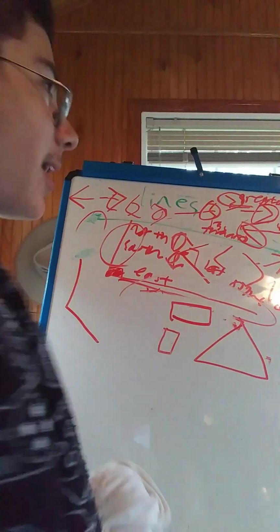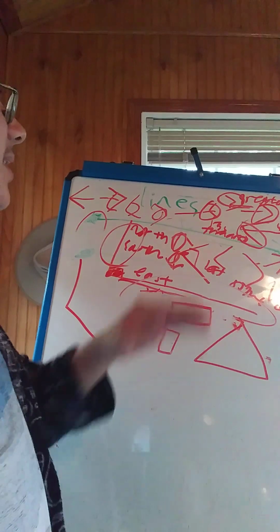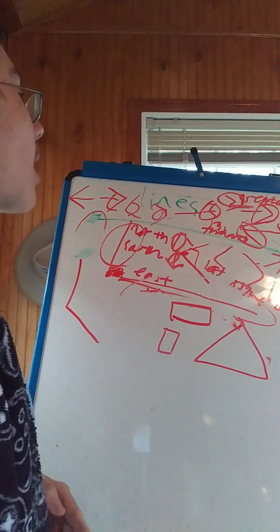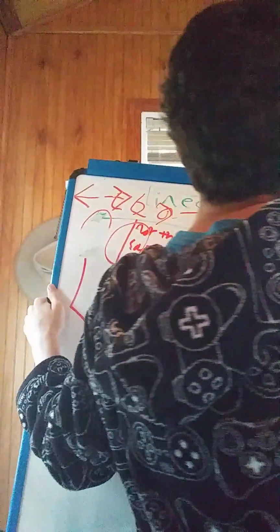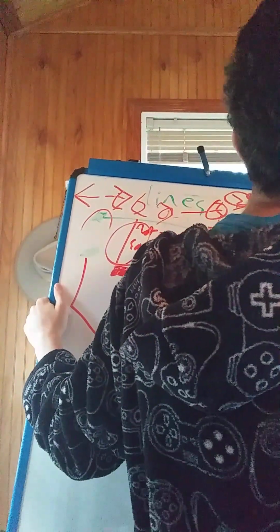Now we're going to move on to another shape. This shape is going to be a triangle. A triangle, as you know, has 3 sides. And a triangle has a bit of a slant. So, let's see here.